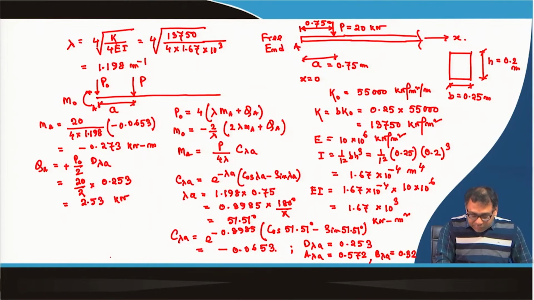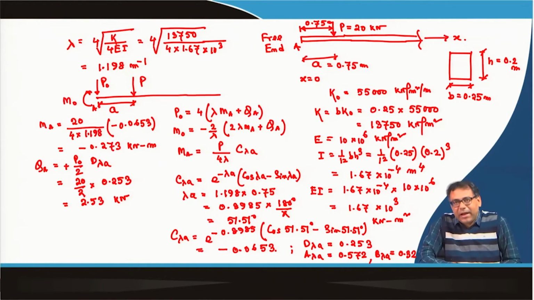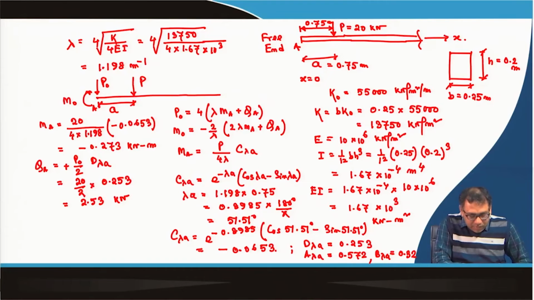Now, I have calculated the M A and Q A, which are due to this point load P, because this M A is due to this point load P at a distance A, and we are calculating on the left side of the loading. That is the expression of M A, P by 4 lambda into C lambda A, because this expression I have already derived for concentrated load and concentrated moment. From there I am getting this value, but Q will have the opposite sign because it is on the left side of the loading.